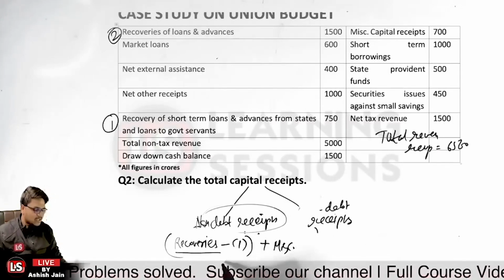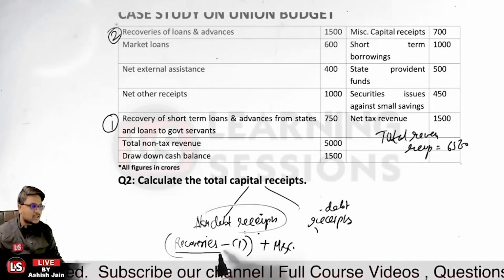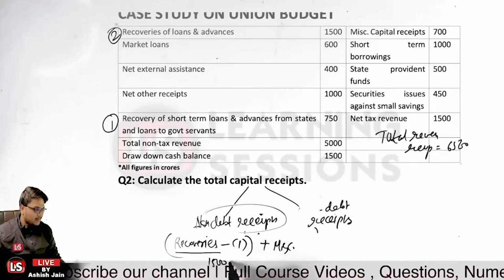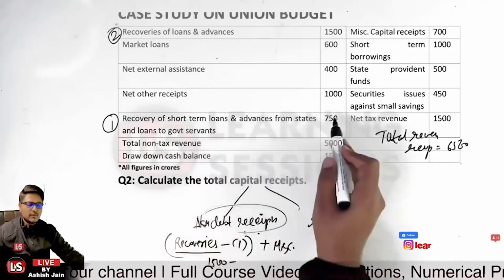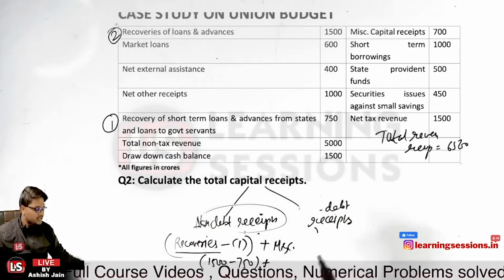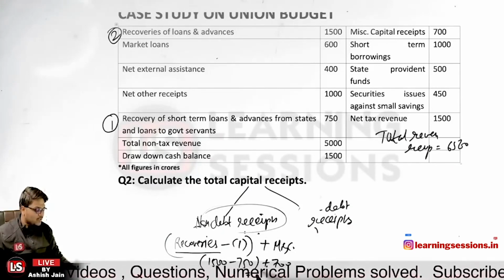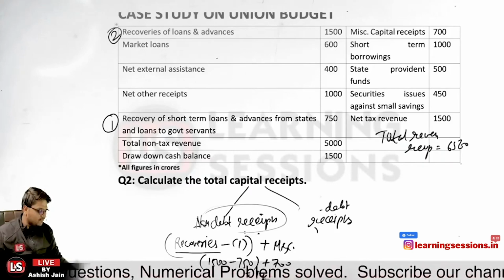The recoveries amount to 1500, minus the recovery of short term, 750, plus the miscellaneous capital receipts, 700. The sum total is 750 plus 700, equal to 1450.